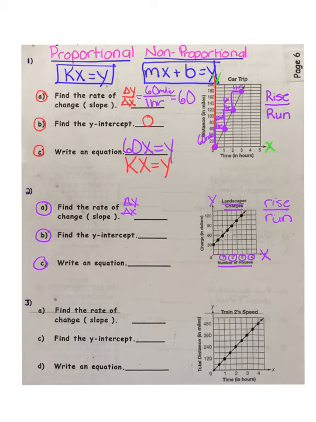In this case, each block is worth 15, but they've only labeled 30, 60, 90, and 120. Our initial start value, our intercept on that y-axis, is 30. Please write that down. We know it's not a proportional relationship, so we are going to use the equation mx plus b equals y. And we already know our initial start value, b, is 30.